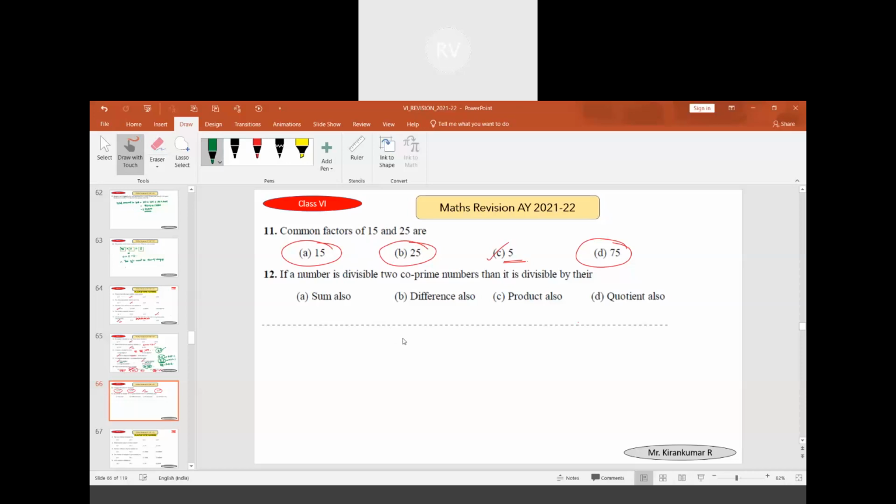If I take 3 and 4, I'll consider the number 12. This 12 is divisible by both 3 and 4, and it is divisible by their product also. It is not divisible by their sum, and not divisible by their difference.